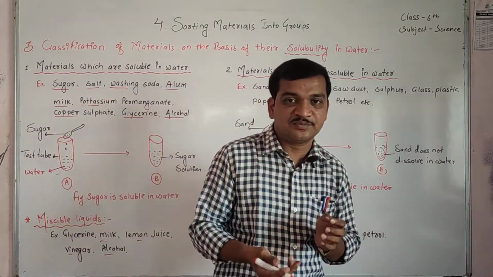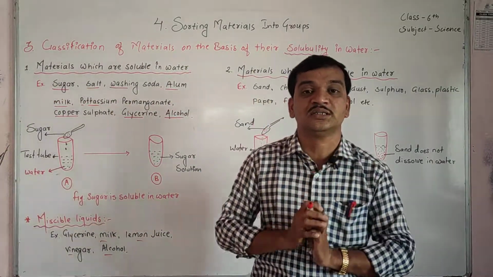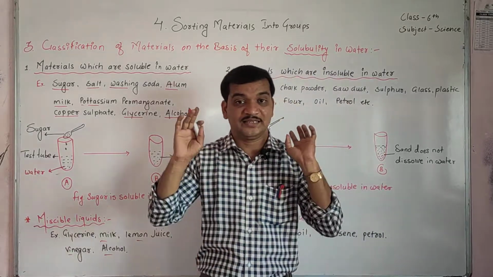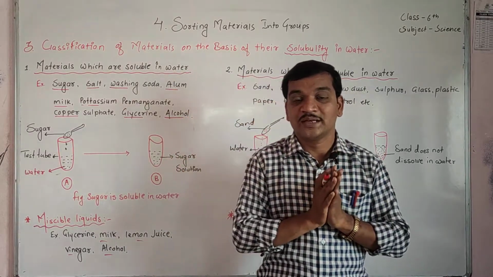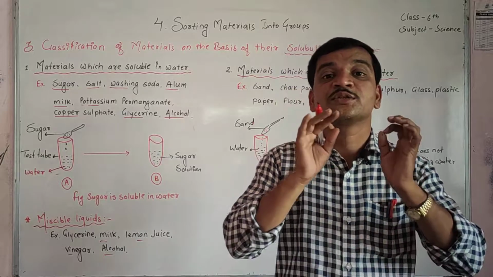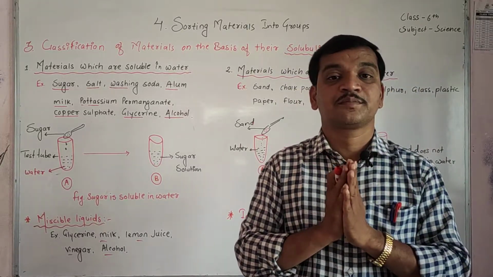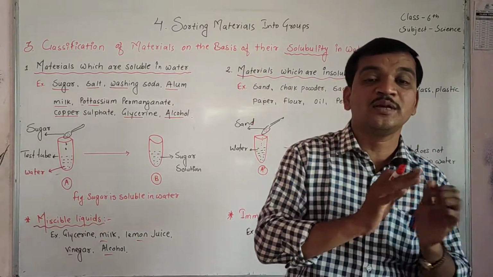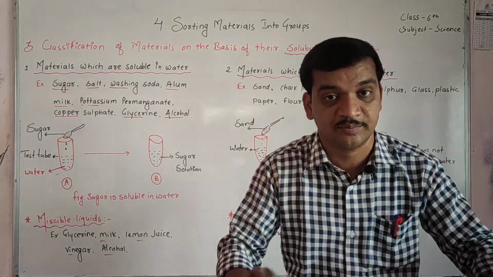Now the next part is about gases. There are some gases which dissolve in water; they are called soluble gases. Which are the soluble gases? Oxygen is soluble in water. Carbon dioxide is also soluble in water.